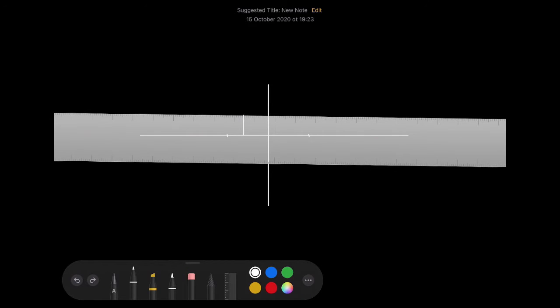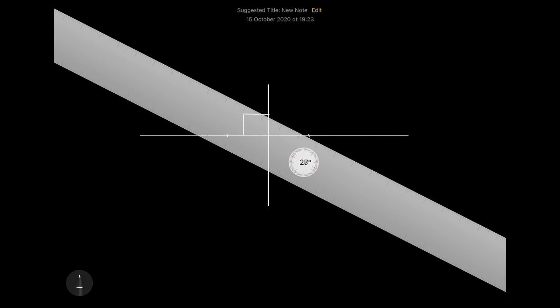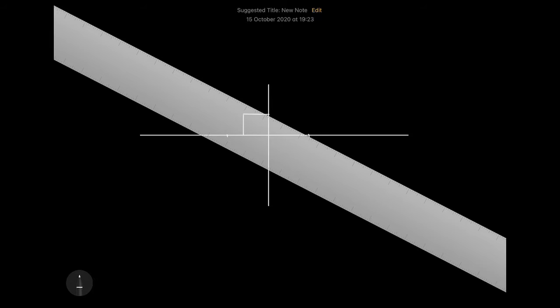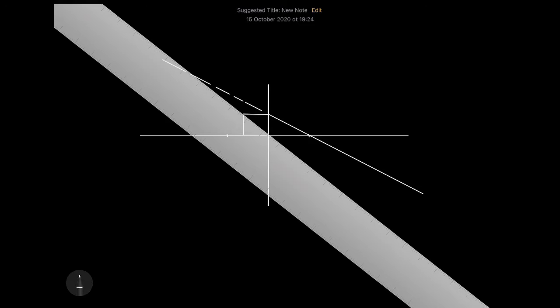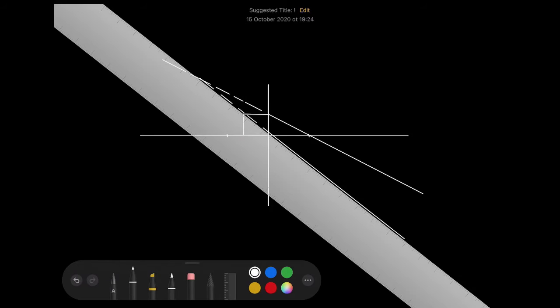a ray of light parallel to the principal axis will pass through the focus, and it can be reproduced backwards, and the ray passing through the optical center will travel without any deviation.